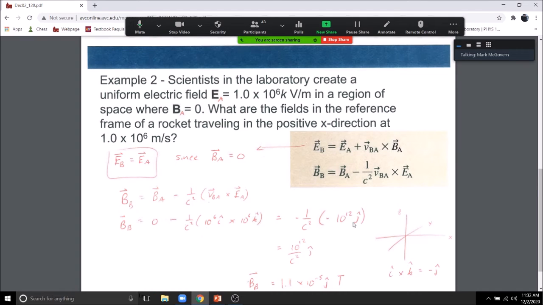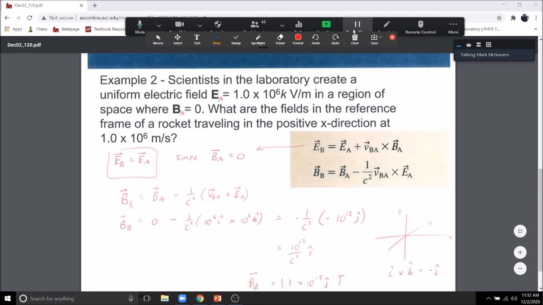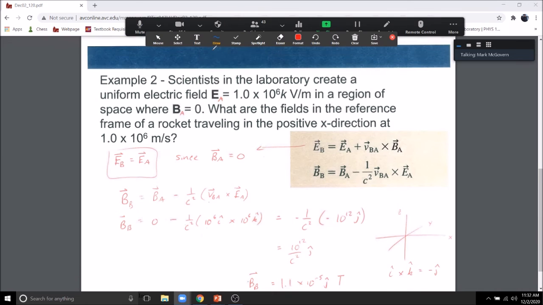The little trick being I, J, K. If you go clockwise here, positive. If you go counterclockwise, negative. So I cross K, negative J.